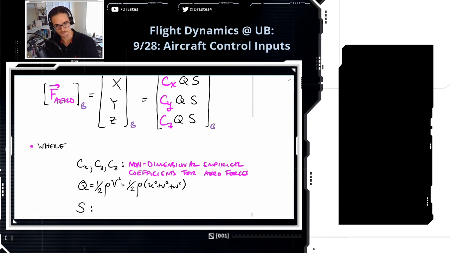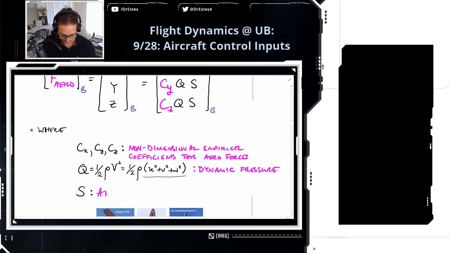So this is probably the easiest way to actually calculate it. And so, like I said, Q, this is dynamic pressure. And then S, this is just the aircraft wing area.